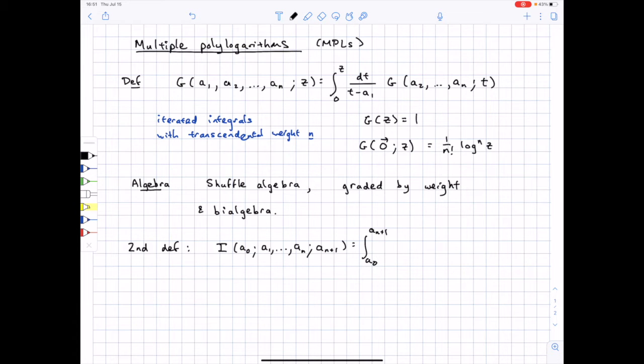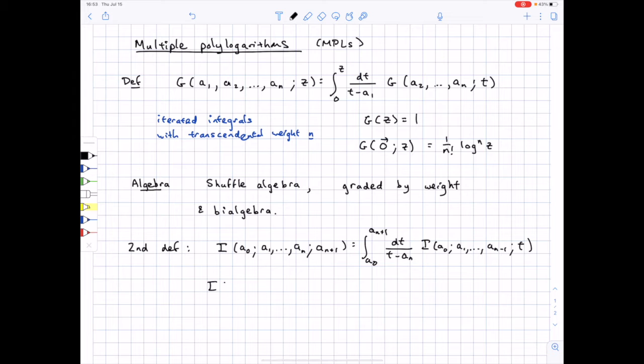And also notably, in the integrand, we're now taking the complex number in the denominator not from the beginning, but from the end. So this is a_n, and the arguments are going to come out in the reverse order. But this part of the iterated integral structure is the same.